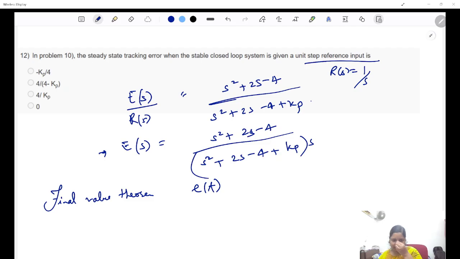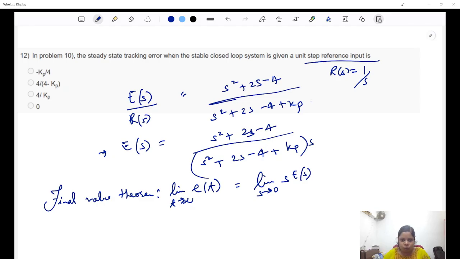If you want to find the steady state error at time tending to infinity, it is equal to limit S tends to 0 of S times ES. This is what we are going to apply here to find steady state error. Instead of going into the time domain by taking the inverse Laplace and everything, we won't do that.